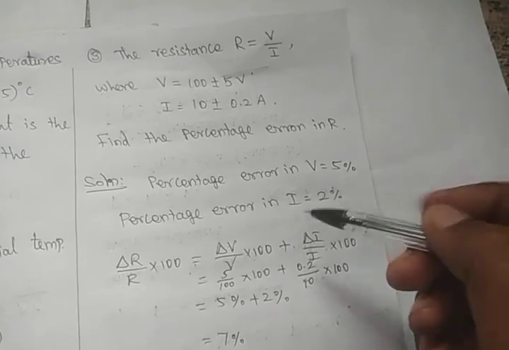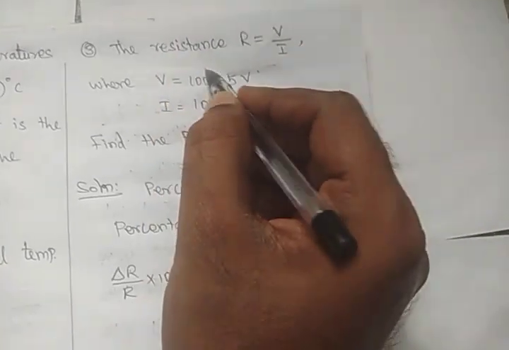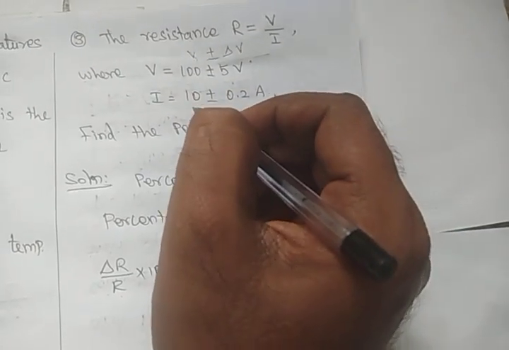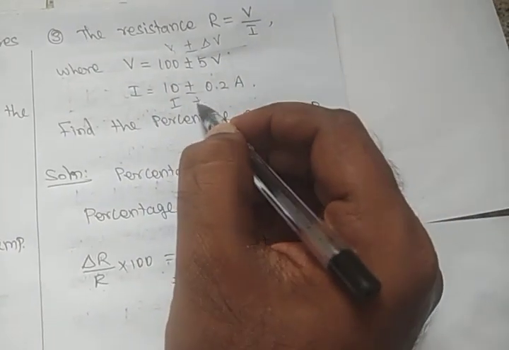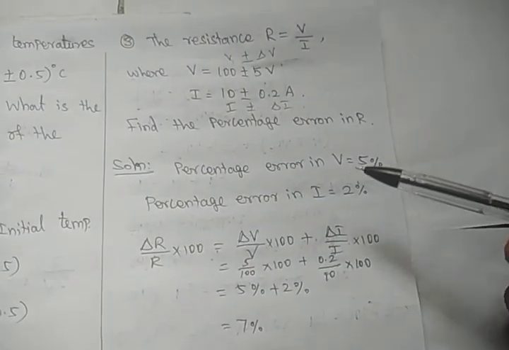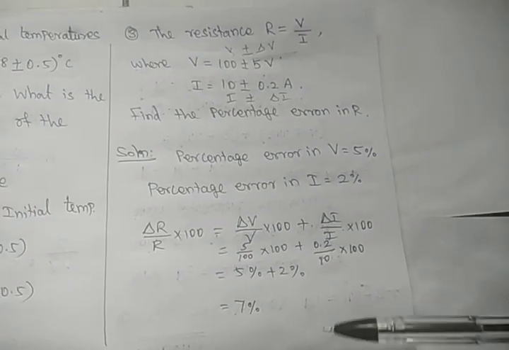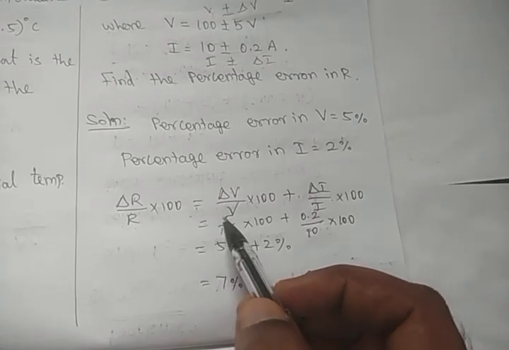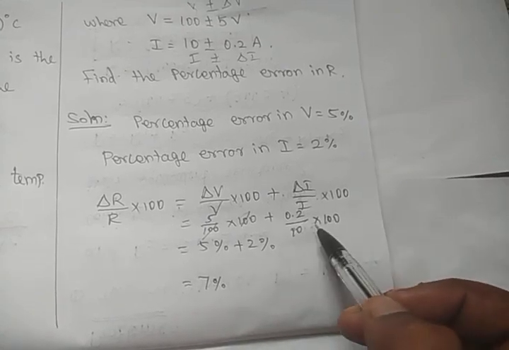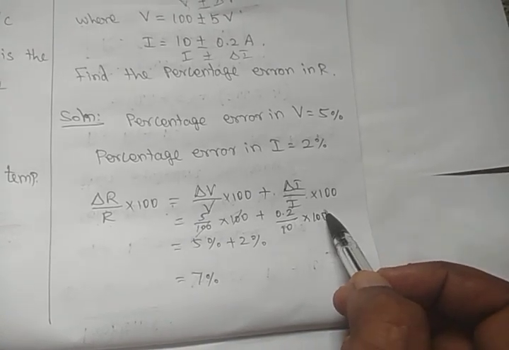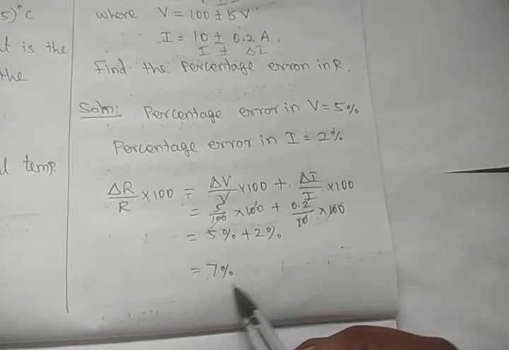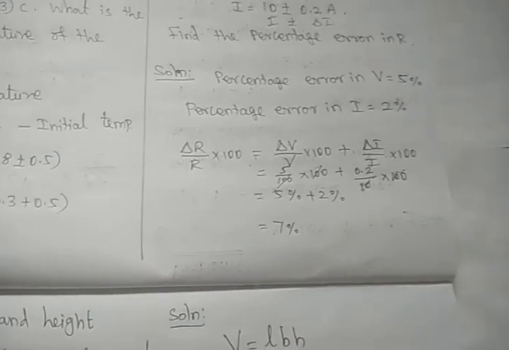I merely substitute the values here. This is V and this is plus or minus delta V. This is I and this is plus or minus delta I. So are you clear, students? If you are not able to find it logically, directly substitute the values. The 100 and 100 get cancelled, we get 5%, and here 10 and 10 get cancelled, it is 2%. Finally we get 7% as the answer.